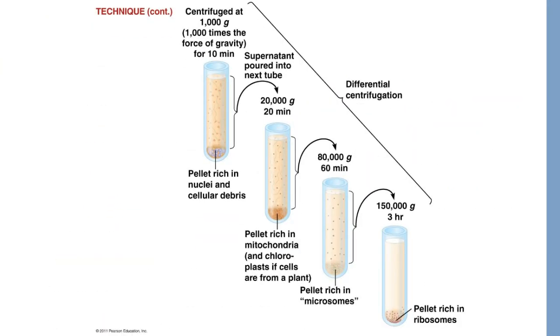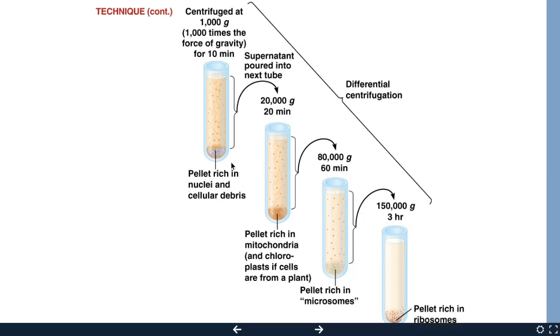Okay, so we blend, we have this whole mixture of stuff, and then we have these little pellets, like the pellet is going to be rich in nuclei and cellular debris, and then we pour off the supernatant and leave the pellet, and we do it again. We centrifuge it, spin it around, let the pellet settle now, and now this pellet has mitochondria in it, and then we keep repeating the process.